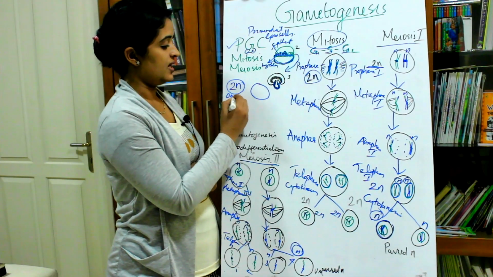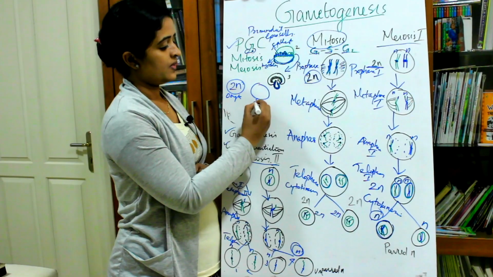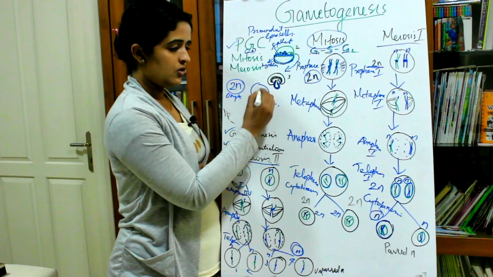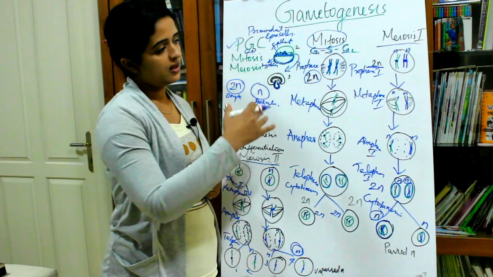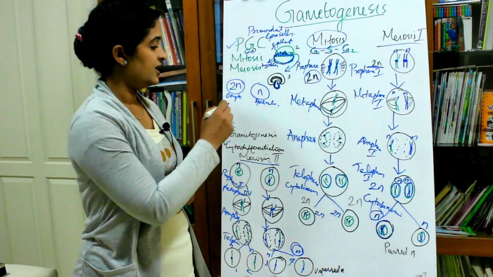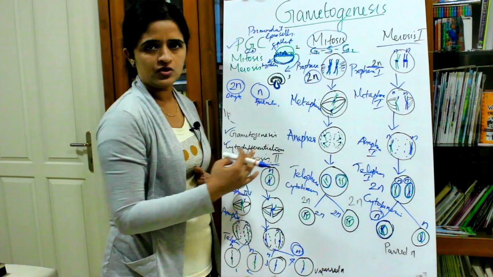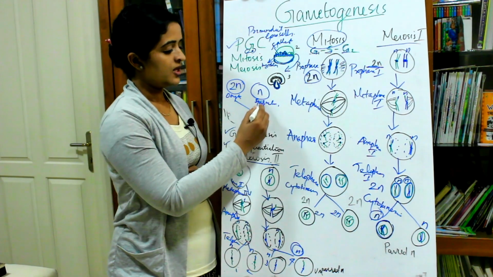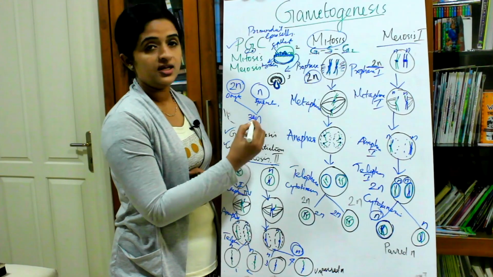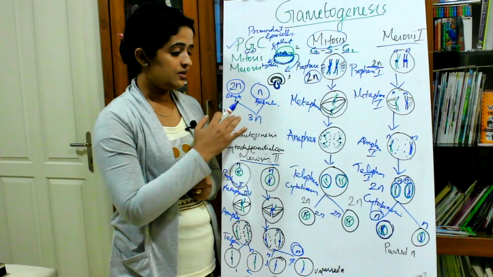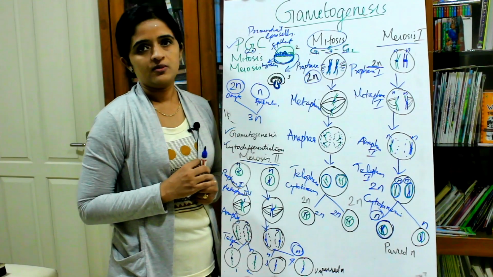Suppose this is the oocyte and this is the spermatozoa. The spermatozoa is having normal n after the normal meiotic division, and this oocyte is having diploid number due to some error in the meiotic division. What will be the product? The product will be having 3n, that is triploid number of chromosomes. So that is actually a chromosomal error.